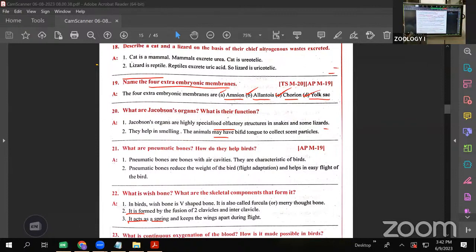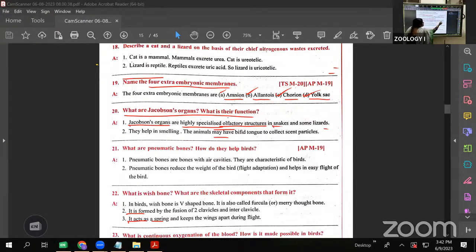Next, what are Jacobson's organs, and what is their function? Jacobson's organs are highly specialized olfactory structures.